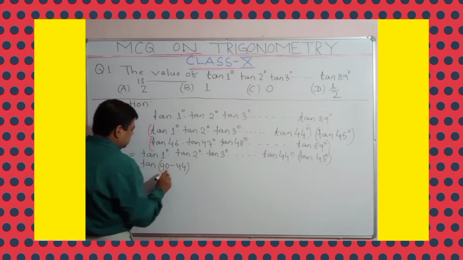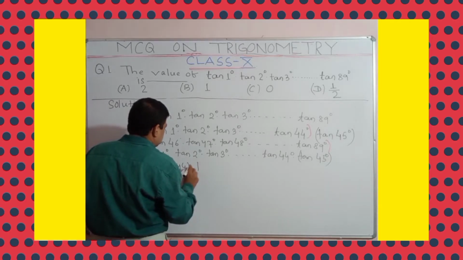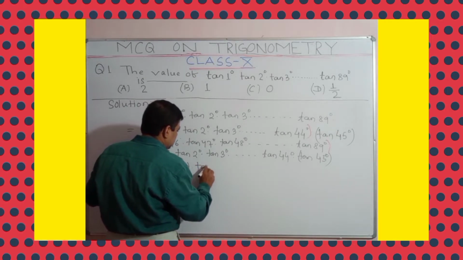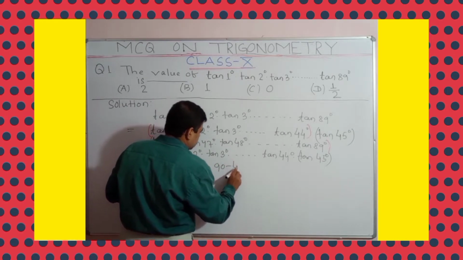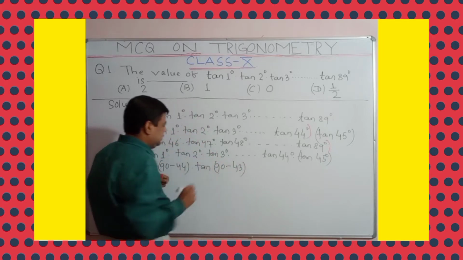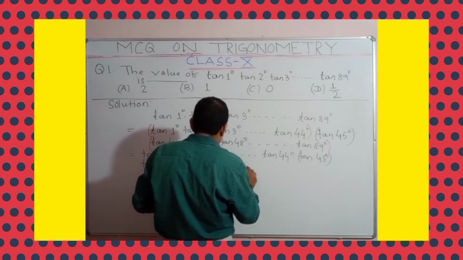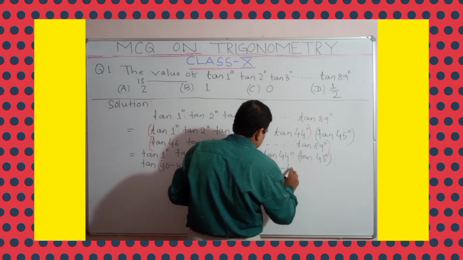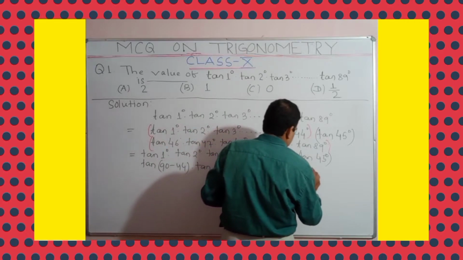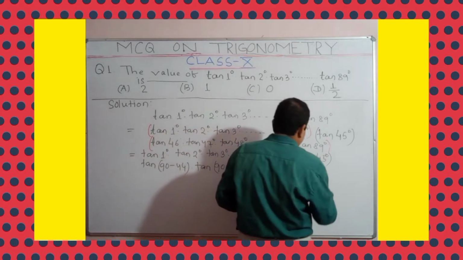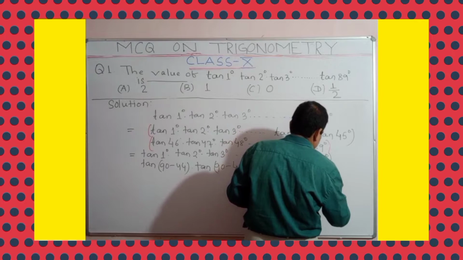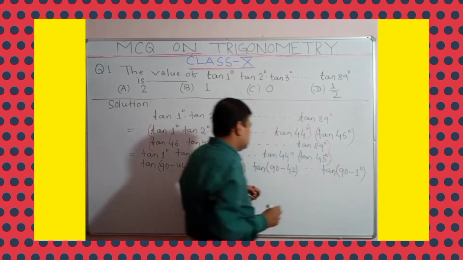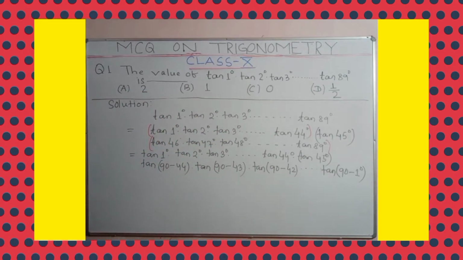Can you write or not? Similarly, the next term tan 47 degree will be tan of 90 minus 43 degree, into tan of 90 minus 42 degree. Similarly, the last term tan 89 degree can be written as tan of 90 minus 1 degree. Understand or not?